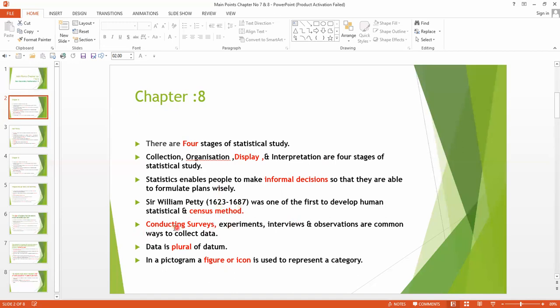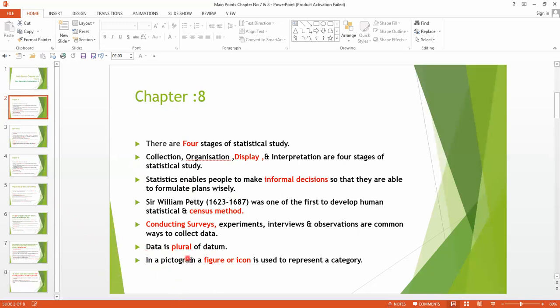Clear? Conducting surveys, experiments, interviews, and observations are common ways to collect data. We have already discussed this when I told you about collection. Next, what is the plural of data? Actually, data is the plural of datum. Singular is datum and the plural is data.